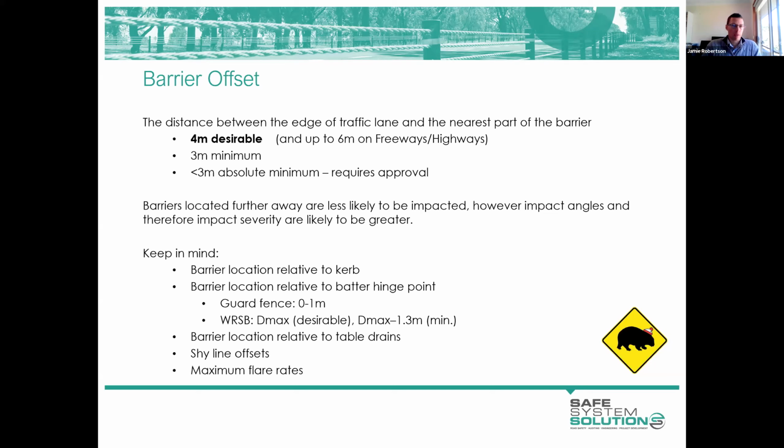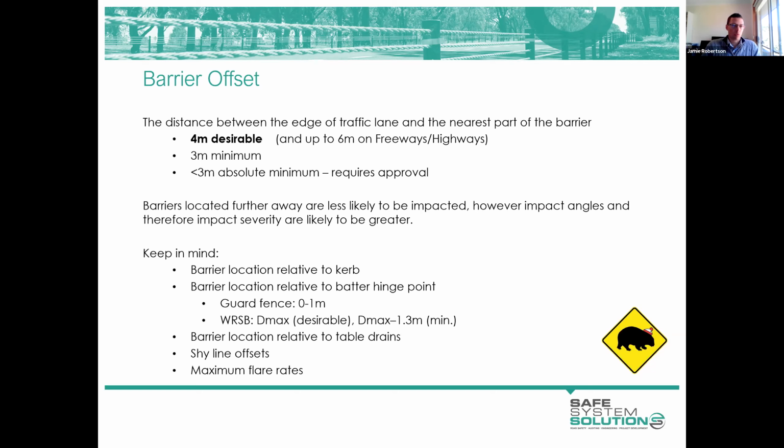We can't locate our barrier too close to that hinge point, and how close we can go does vary based on barrier product. Guard fence installations, any W-beam, basically we can locate fairly close if we need to, because those systems don't deflect by as much, essentially.